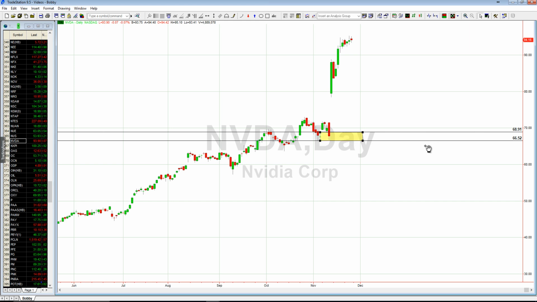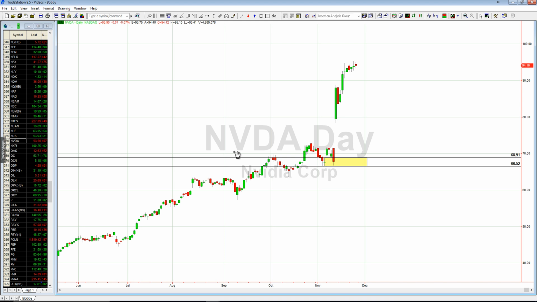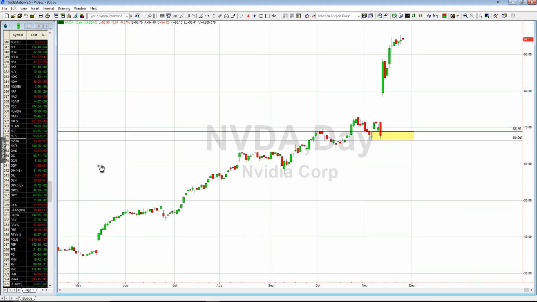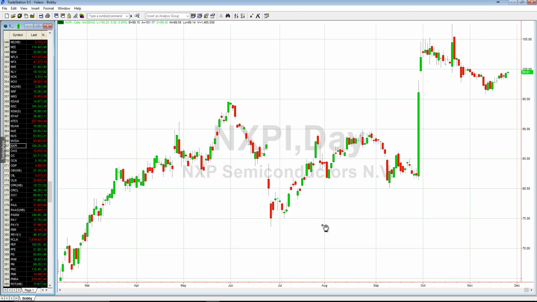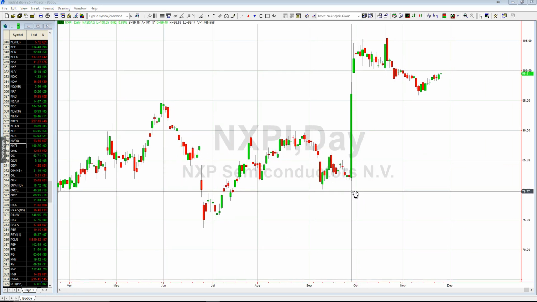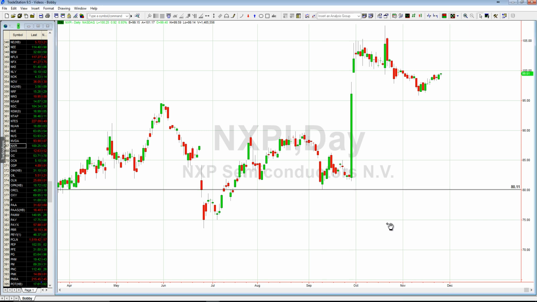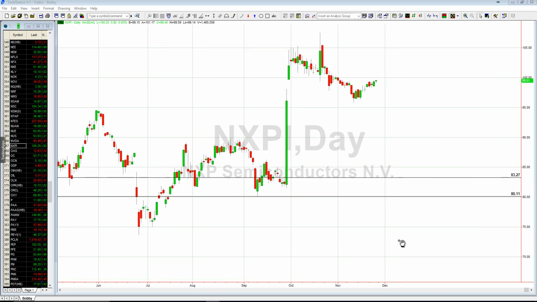Okay, I'm going to put a zone there. Looks like a lot of these stocks are reaching all-time highs. Same thing here. On this one, I'd probably want to put the bottom of my zone right there, top of my zone right there. That's a pretty big zone.